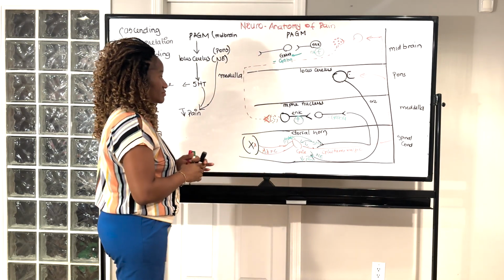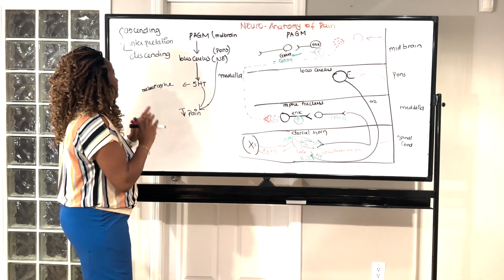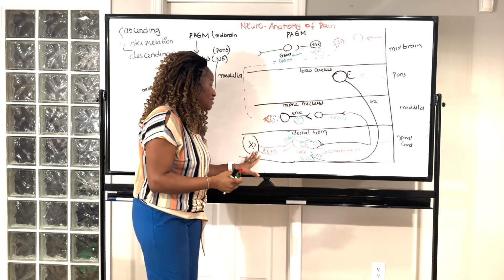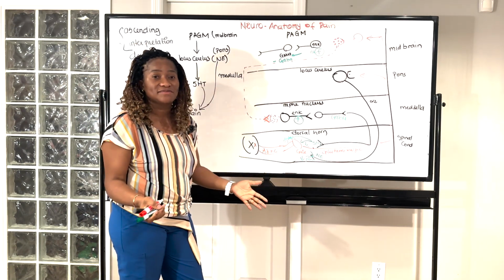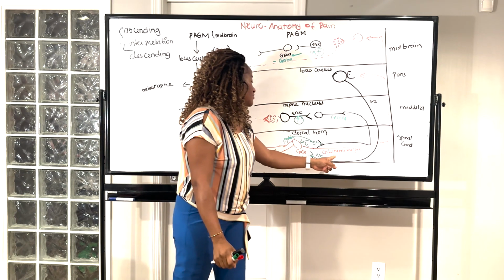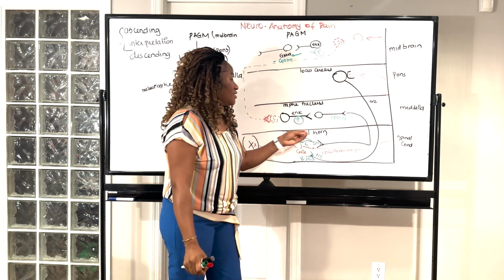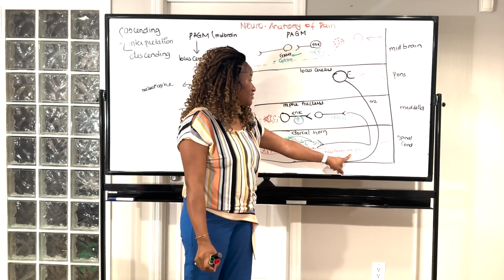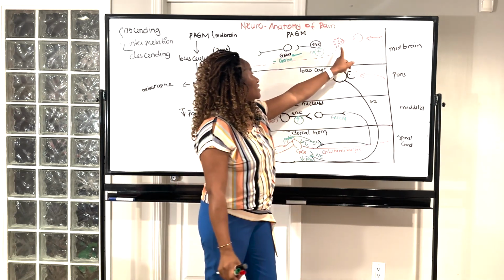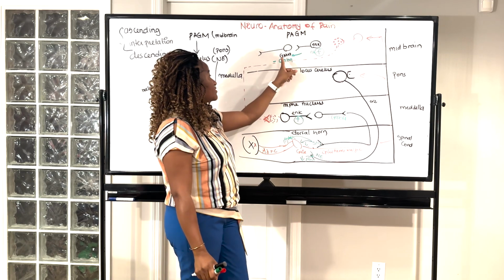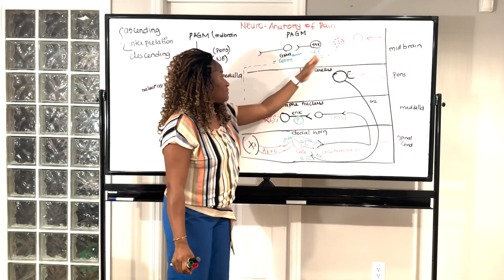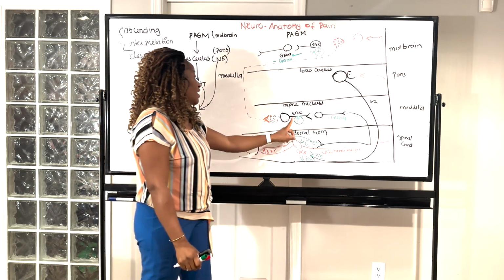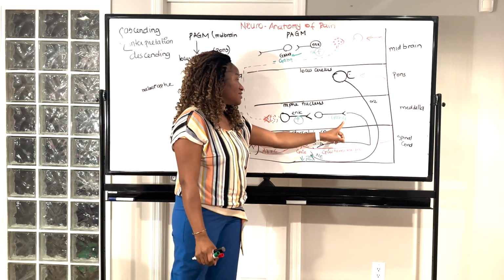And this is how the descending pathway works. So we have a pain stimulus, go through the gate, decide to be a pain stimulus, transmitted by an excitatory neurotransmitter, glutamate, goes into the brain, activates the enkephalin to inhibit GABA so it can pass through the raphe nucleus. Here it does the same thing, activates the enkephalin to inhibit GABA.